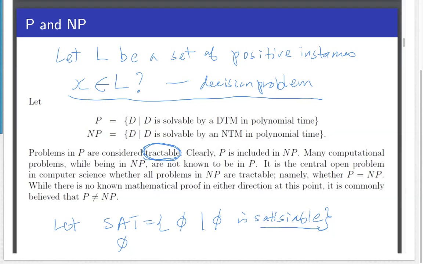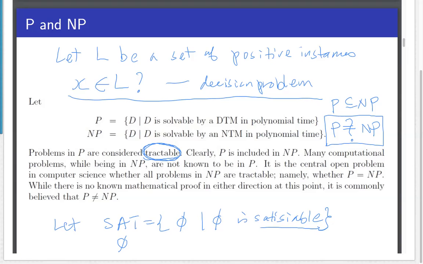And obviously, P is included in NP, because a deterministic Turing machine is just a special case of a non-deterministic Turing machine. But then we want to know whether P is equal to NP, and nobody knows until now.